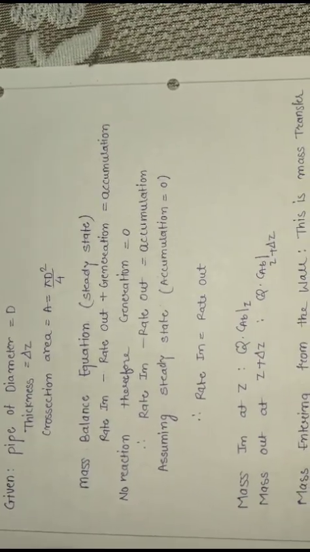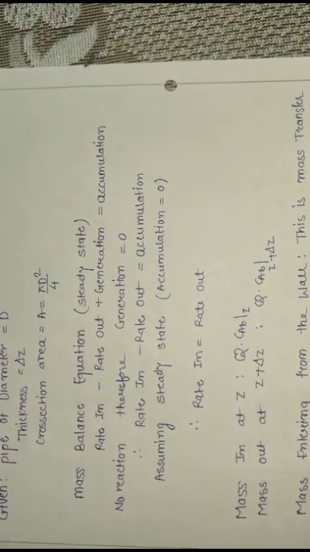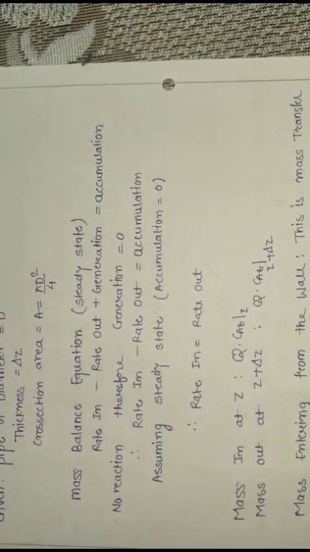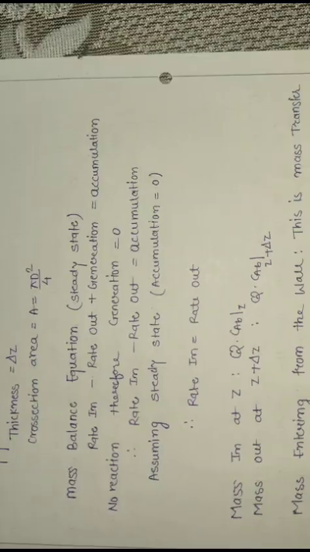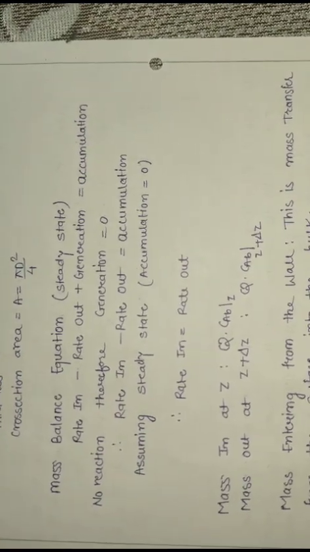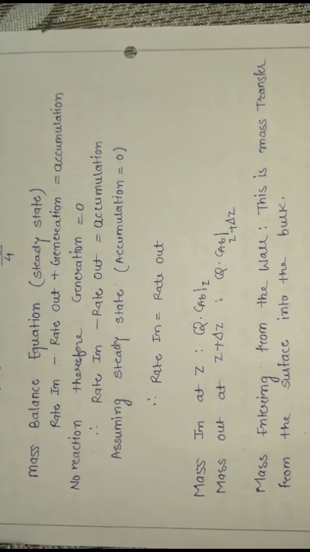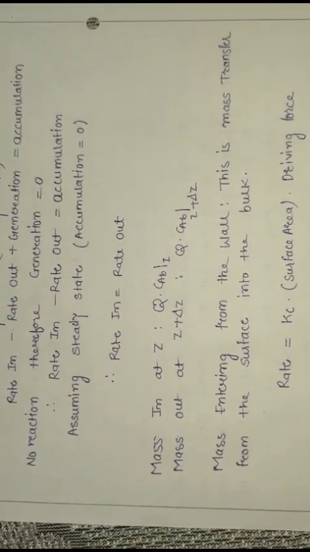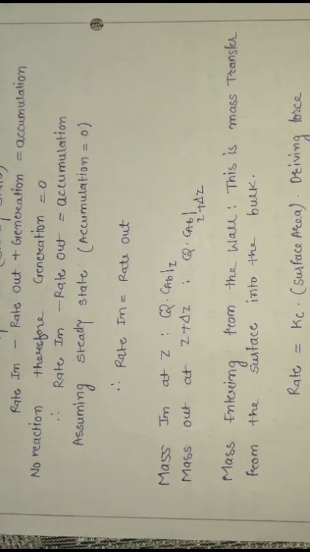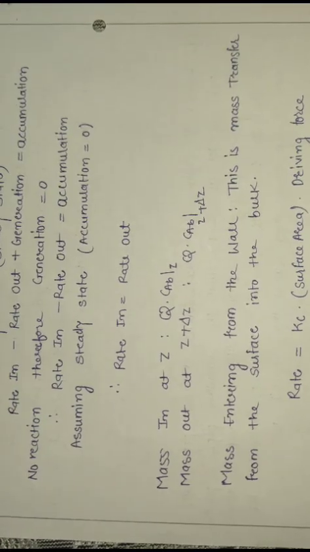Now we will see mass in at distance z, that is Q, the volumetric flow rate, times concentration at z, and mass out at z plus delta z, that is Q times concentration at z plus delta z. And we will see mass entering from the wall. This is the mass transfer from the surface into the bulk.